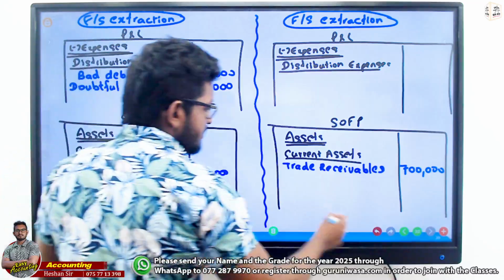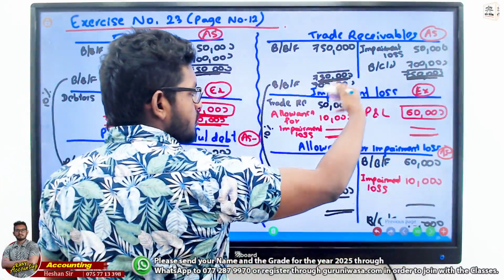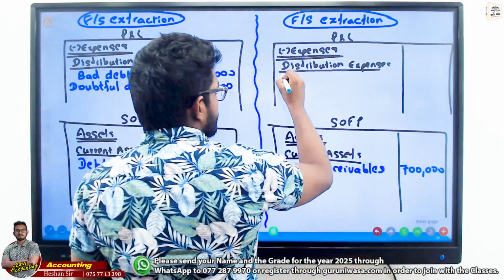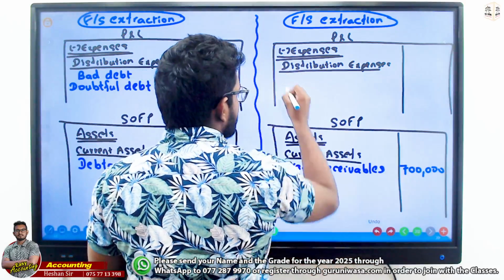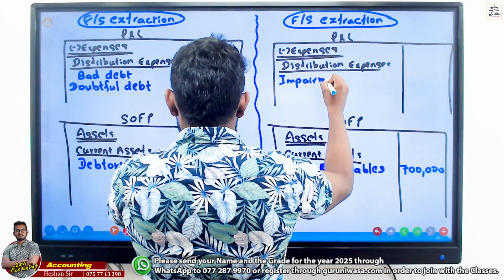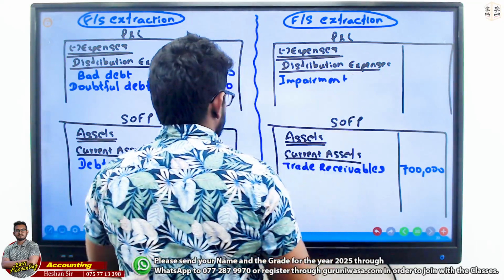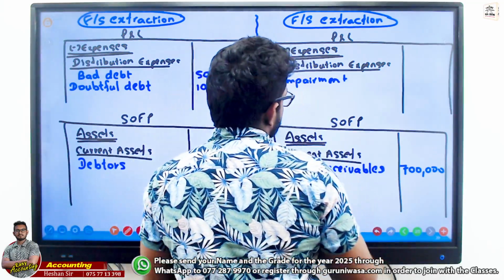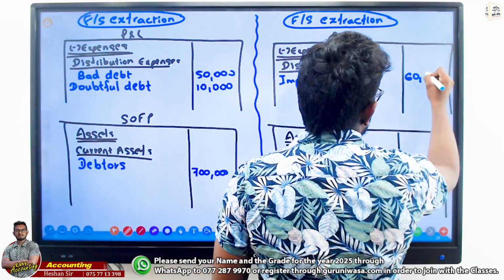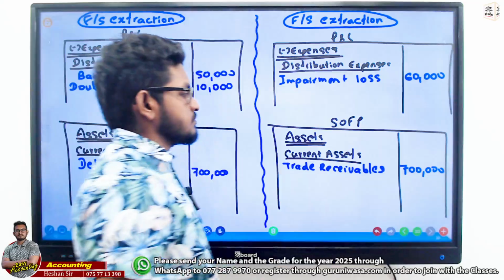But in here, both bad debts and doubtful debts are considered as impairment loss. So impairment loss total 60,000. All right. Impairment loss 60,000 we identify in here in total.